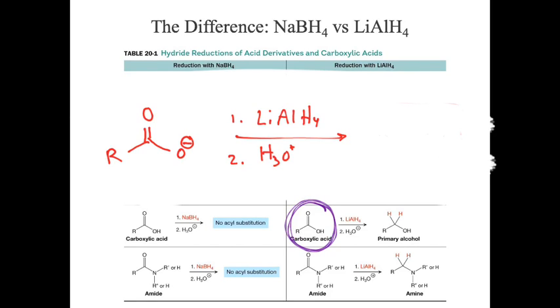What's the reactivity of that functional group? The H plus, or the H that will become H plus. It's an acid. You mean it's protic? Yeah. If it's protic, what's the very first thing the lithium aluminum hydride's going to do? React with that hydrogen, which then means we would have a carboxylate.